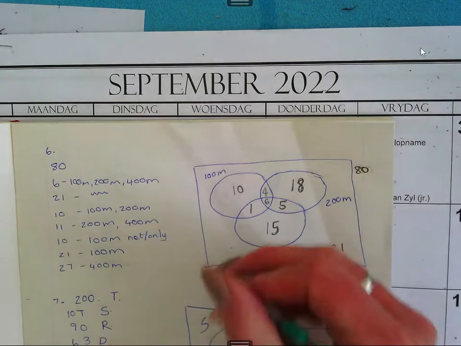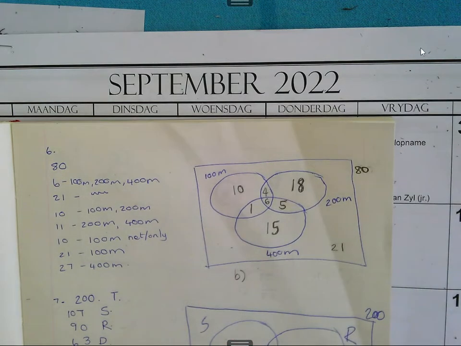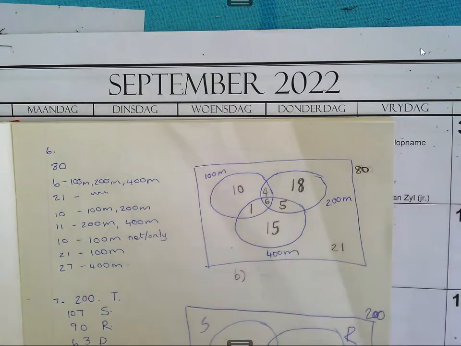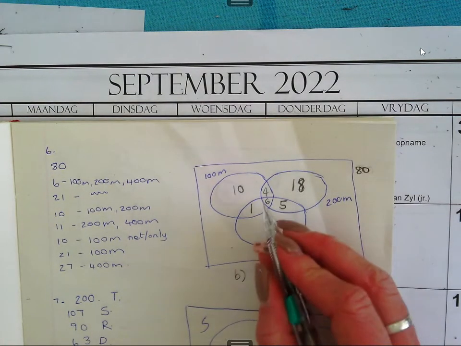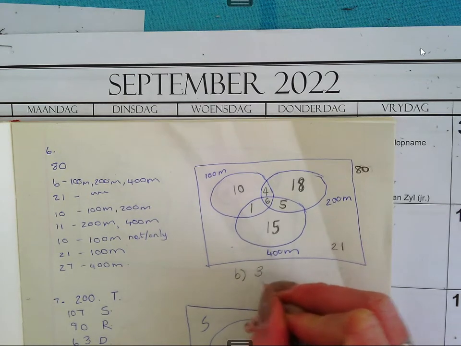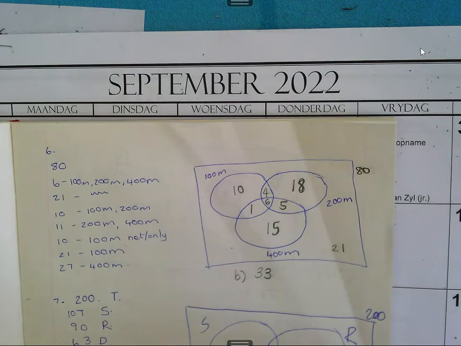Okay, once we have that, to answer the questions is pretty easy. B asked how many athletes entered for the 200 meters. So that will be in total. Okay, so when you add 18, 4, 6, 5, it gives you 33. And then what's the probability that the athlete chosen will compete in at least 2?